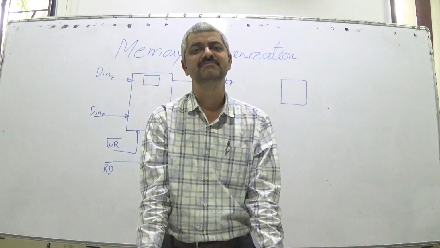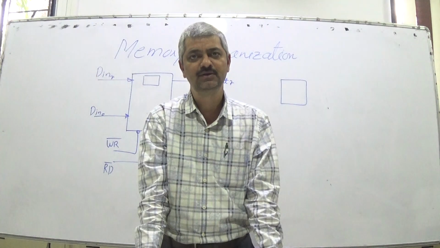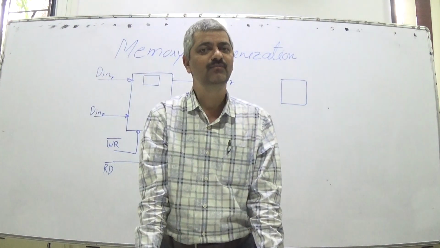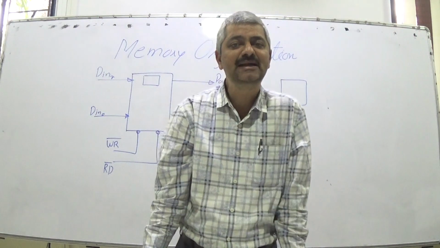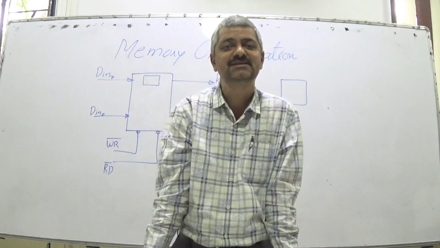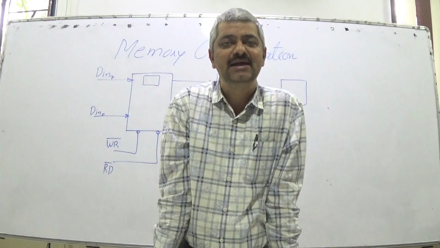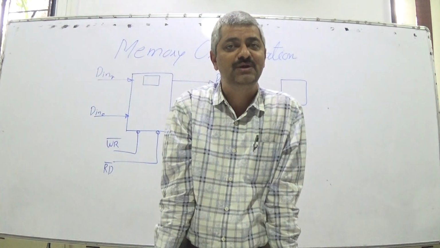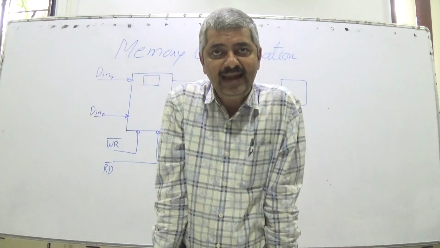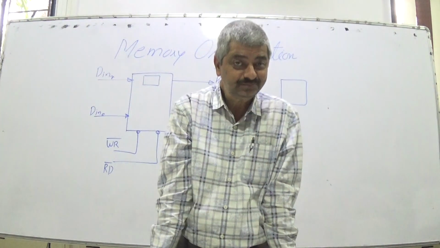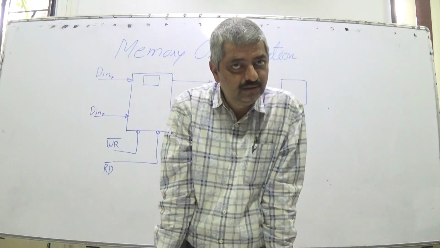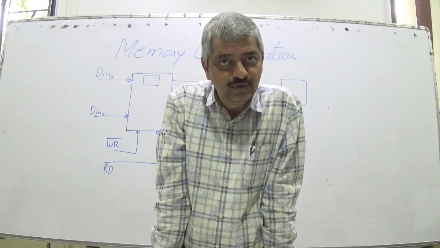So multiple such memory locations are there. So we discussed, 1-bit memory cell was having how many lines? 1 data in, 1 data out, 1 read bar, 1 write bar. I again repeat, power supply lines we are not counting. When we had 1 byte memory cell, what process did we follow?